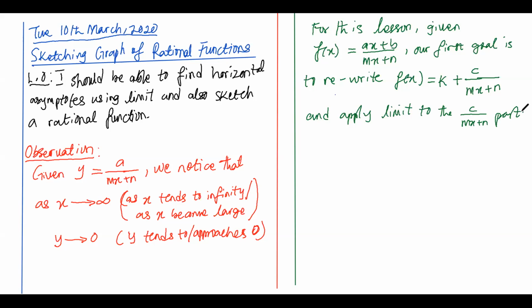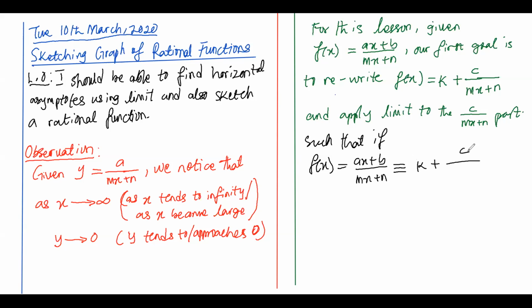So once we write it that way, such that if we have f of x, which originally is ax plus b divided by mx plus n, and we are able to write it as some constant k plus c divided by mx plus n, then we can say as x tends to infinity, it only affects this part.